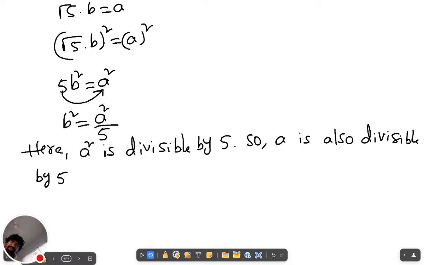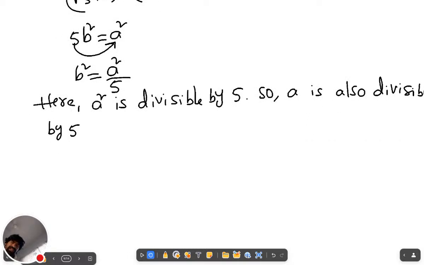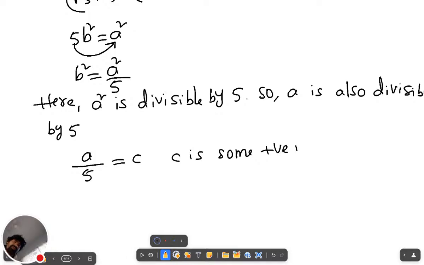That means a is divisible by 5. So let us assume that when a is divided by 5, the quotient is c. c is some positive integer. So we are assuming that when 5 divides a, the quotient is c.